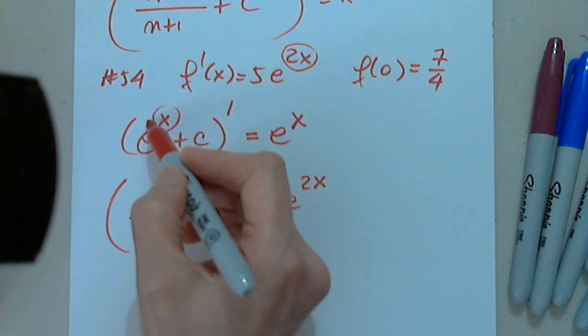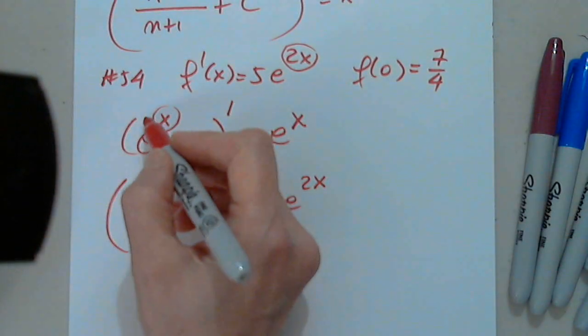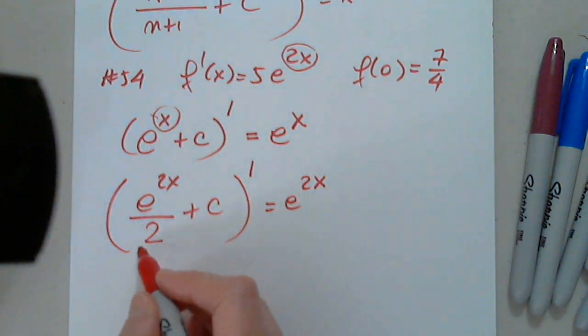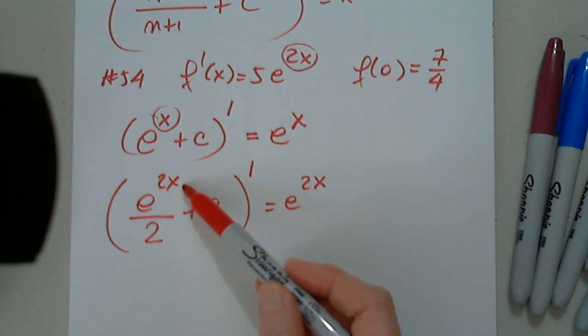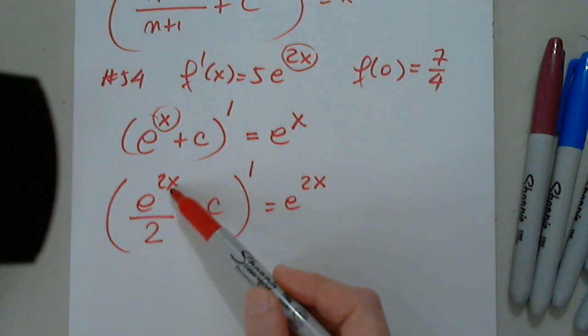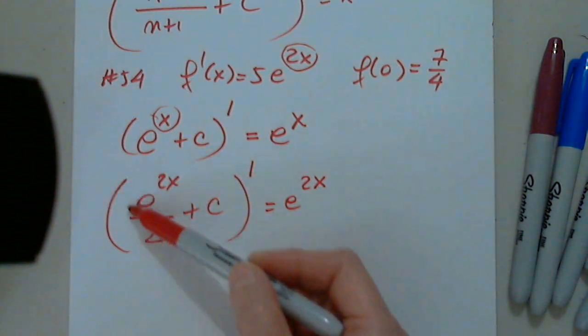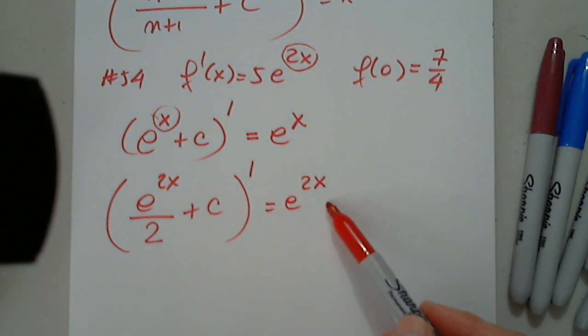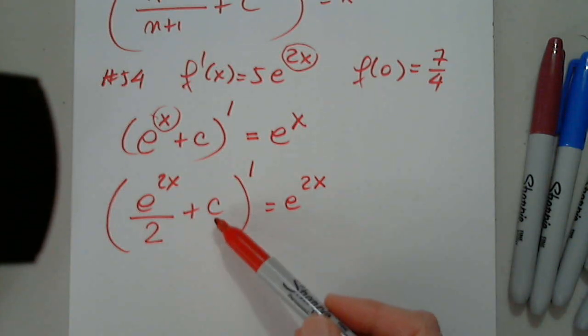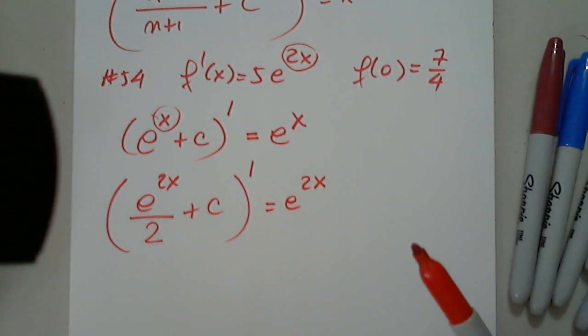If the number in front is 3, I have to divide by 3. If it's -5, I have to divide by -5. So let's check. E to 2x prime is e to 2x times 2. The 2's will go away, and I get e to 2x, because c prime is 0.